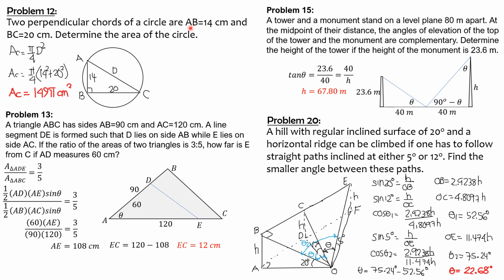So since the chords are perpendicular, the hypotenuse of that triangle is the diameter of the circumscribed circle. Remember that we can always circumscribe a circle about a triangle. So d over sine of 90 is still d, which is the hypotenuse divided by sine of 90.